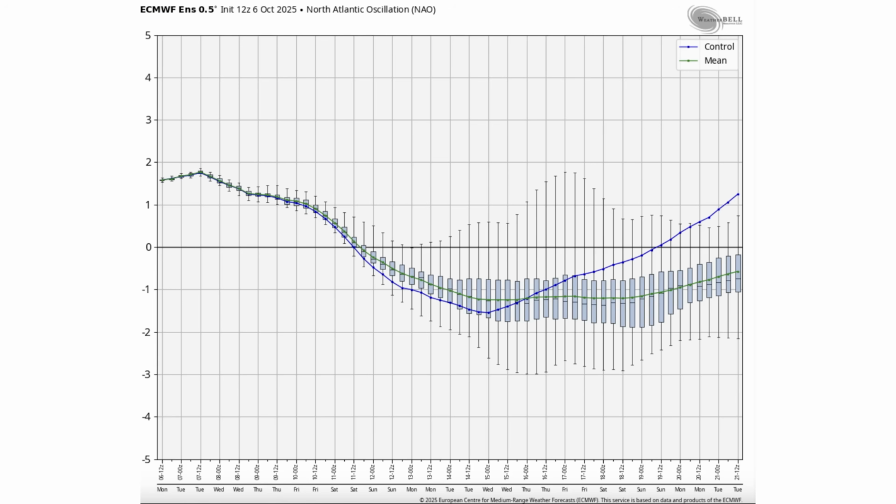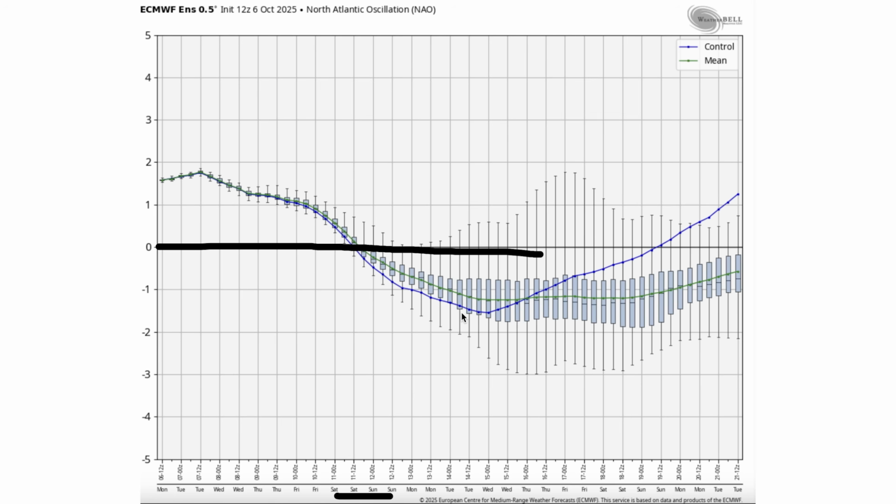Again, just to show you, here's the chart for the NAO. So we can see, again, here's the neutral line. And right around, again, that 11th, 12th time frame, we cross from positive to negative. The reason this typically correlates with the AO is because they're very close in proximity, and they're both determined by the temperatures. So when the AO, the Arctic region, sees warmer temperatures build, typically that's going to extend into northeastern Canada and Greenland.